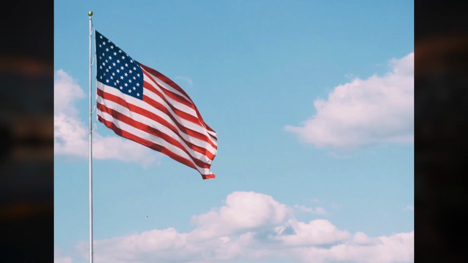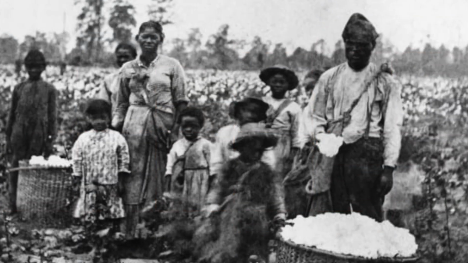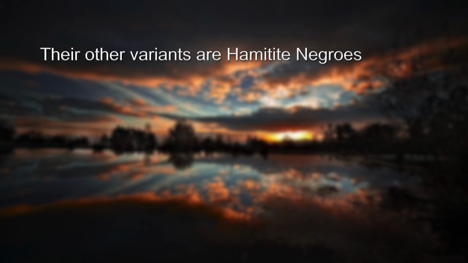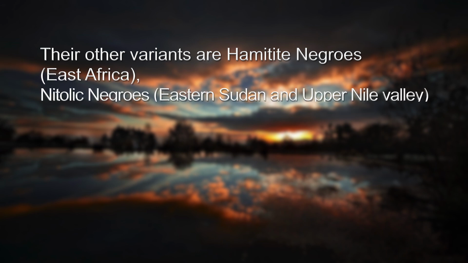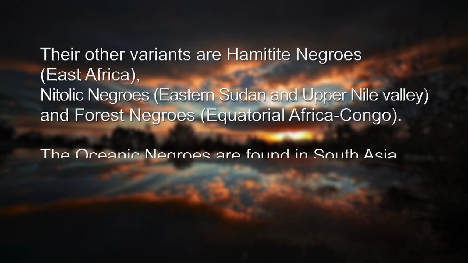They were carried to the southern states of the USA as slaves by the white people for working on their agricultural fields. Their other variants are Hamitic Negroes, usually found in East Africa, Nilotic Negroes, usually found in the Eastern Sudan and Upper Nile Valley, and Forest Negroes in Equatorial Africa and Congo.